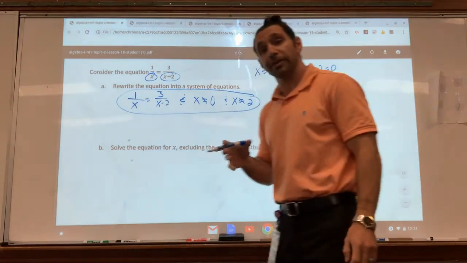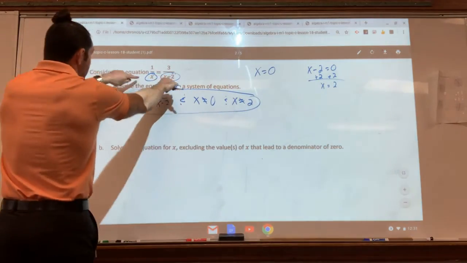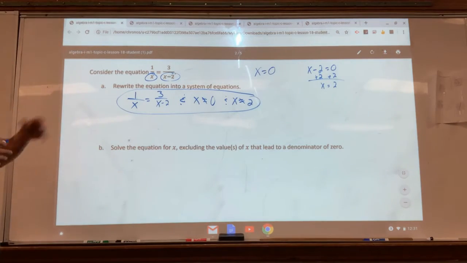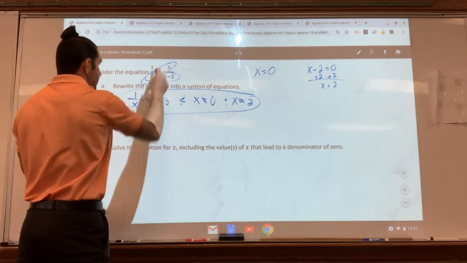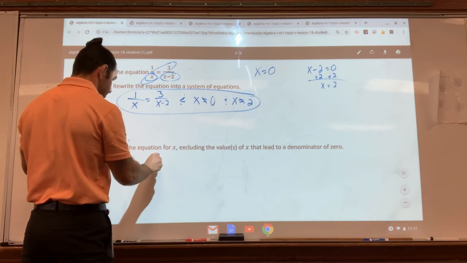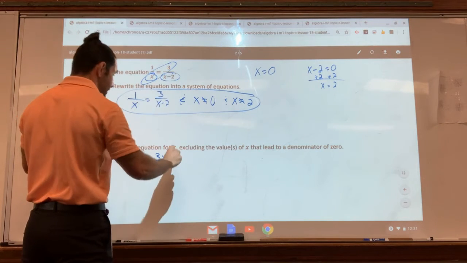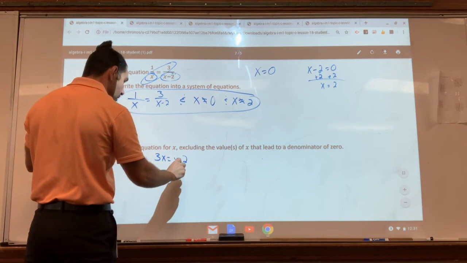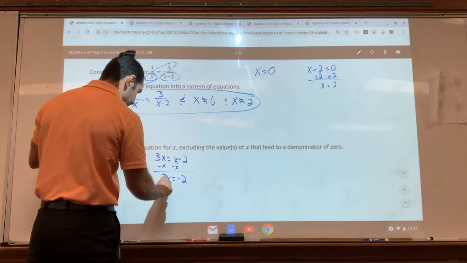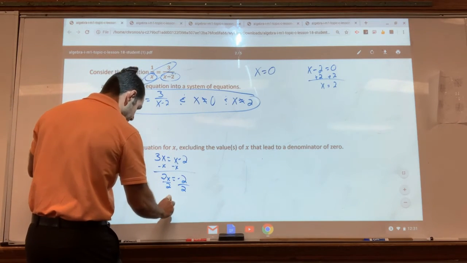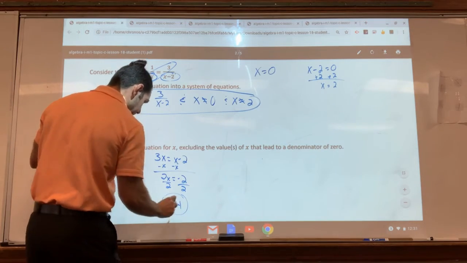So now when we solve the equation, and here's the key, if there's just x's in the denominator and not in the numerator, we just cross multiply. So this becomes 3x equals, this becomes x minus 2. So I'm going to subtract x from both sides, leaves me 2x equals negative 2. I divide by 2, x equals negative 1.